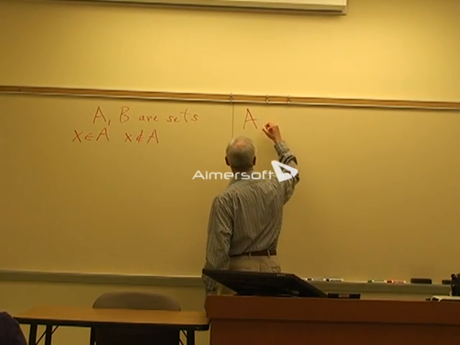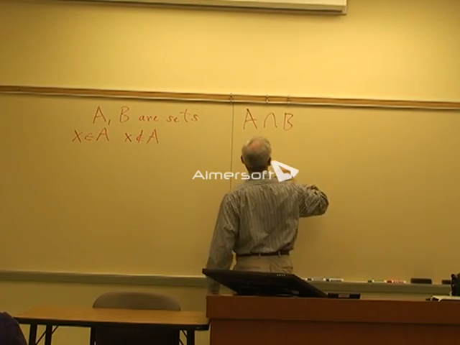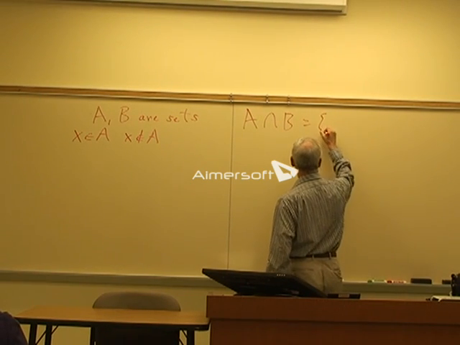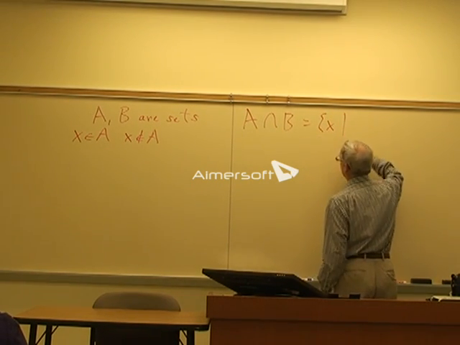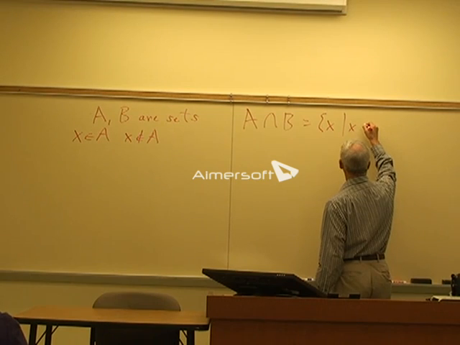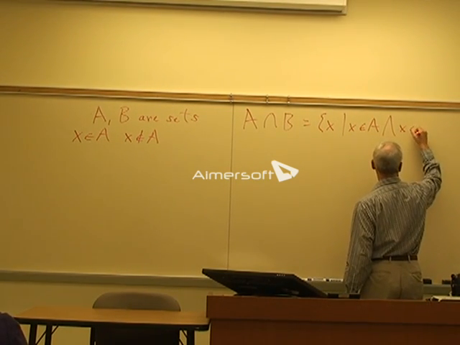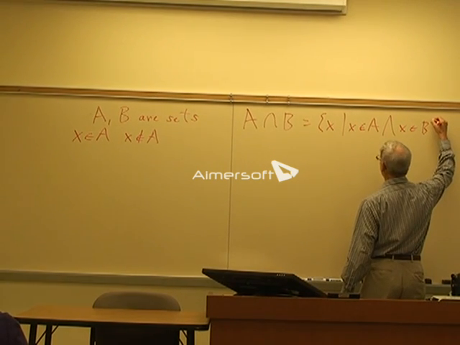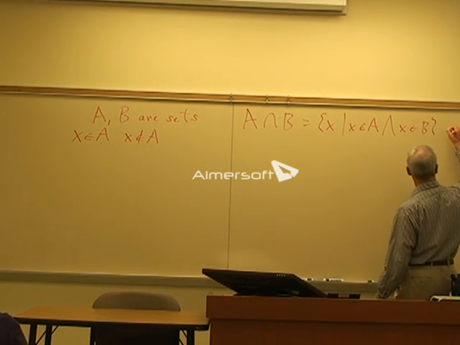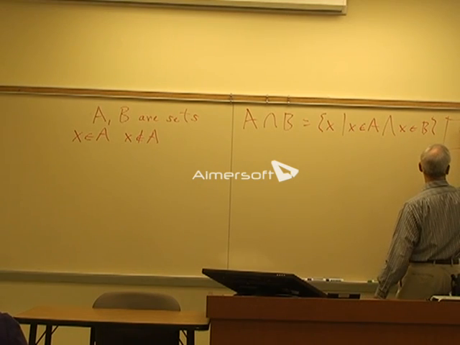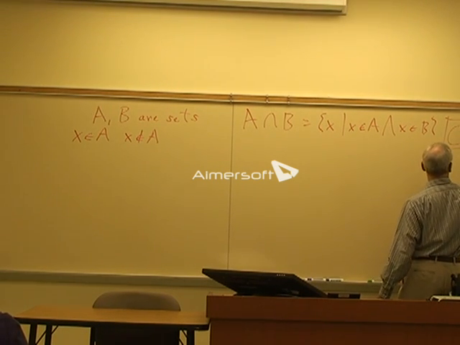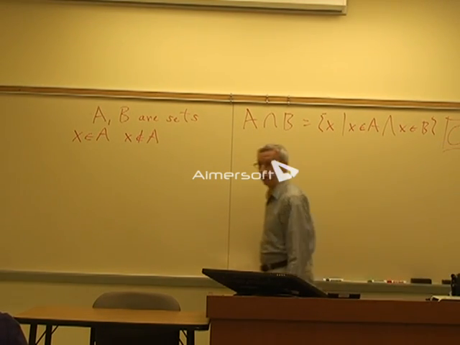And then we discuss that A intersect B is the set of all X, where X is in both of them. Or in Venn diagram notation, just tiny Venn diagram notation, the intersection is the overlap, right?